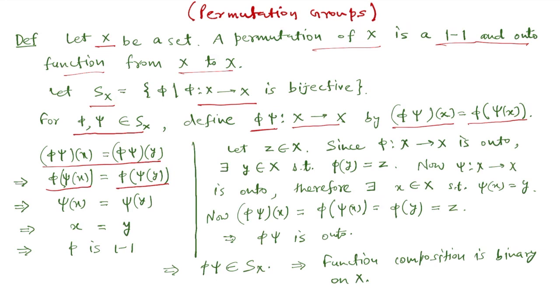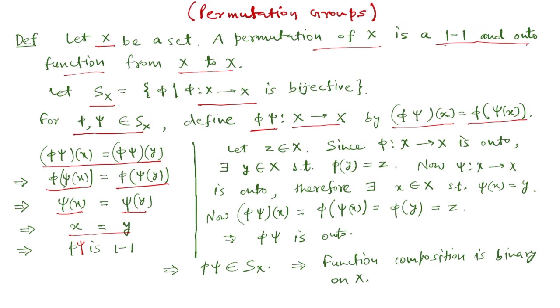But because phi is 1-1, psi of x is equal to psi of y. And again, because psi is 1-1, we get x is equal to y, and therefore phi psi is 1-1.